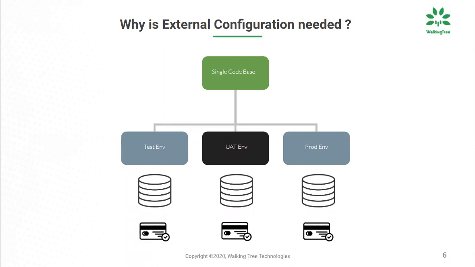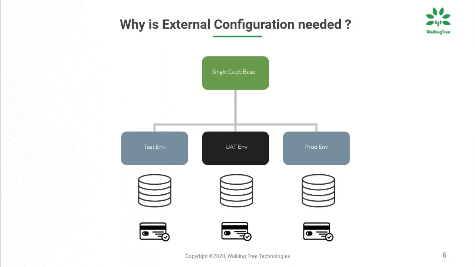Same case, for example, if you have some third party integration, a simple example could be a payment gateway. The payment gateway for production will be different from the payment gateway for test and UAT, because you cannot do production transactions in test and test transactions in production.